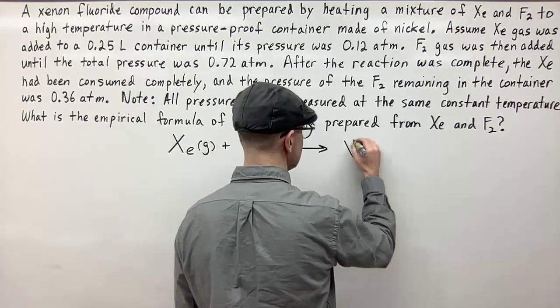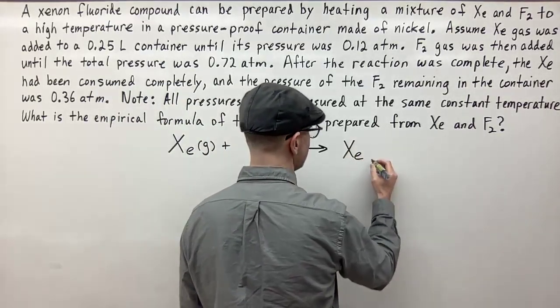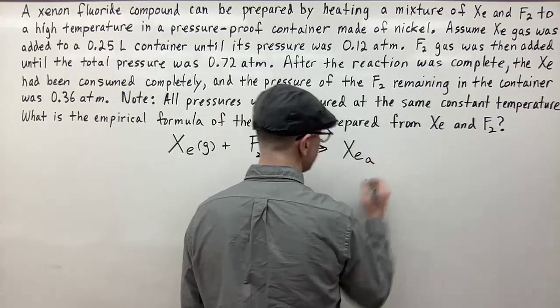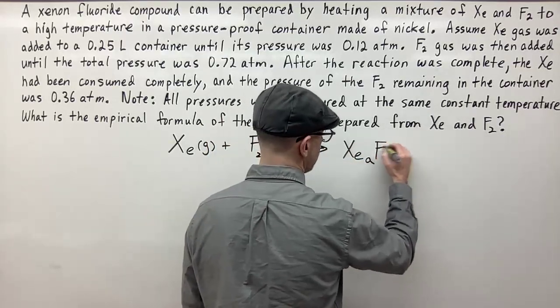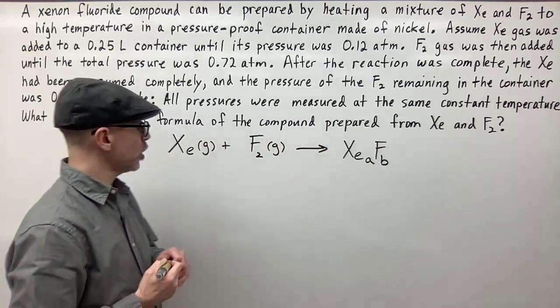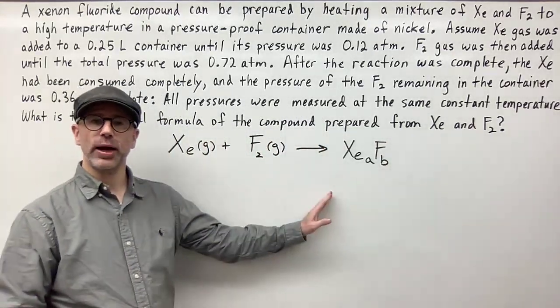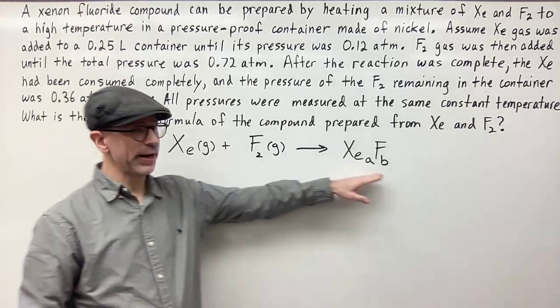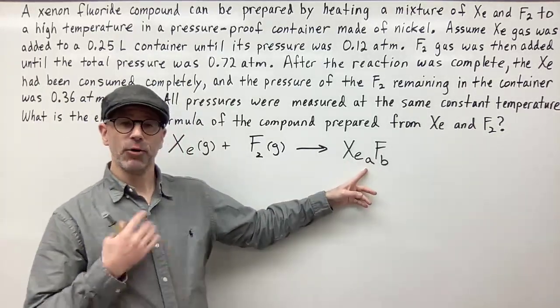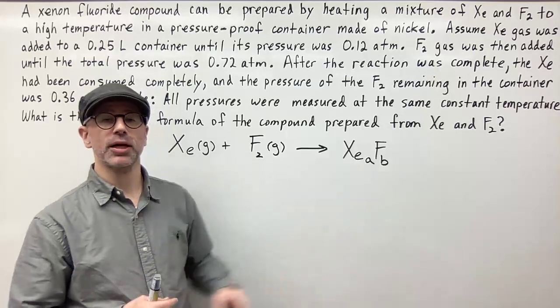So it's going to be xenon with, we'll say, subscript A, and fluorine with subscript B. So this is the equation. It's not balanced because we don't know what A and B are, but we're asked to find the empirical formula.